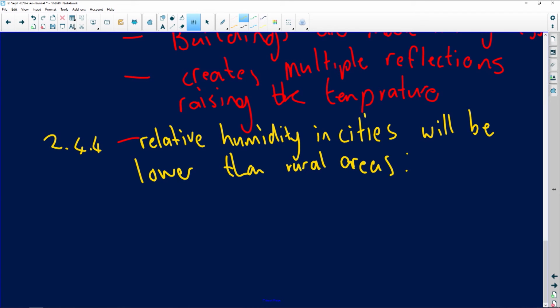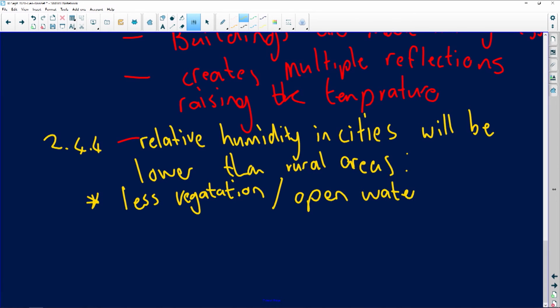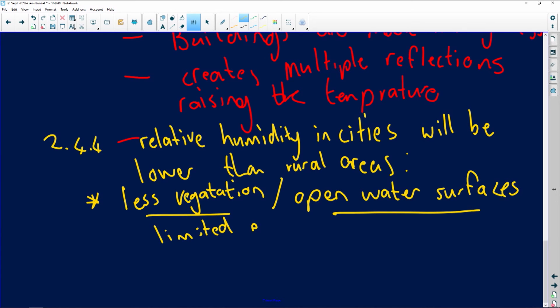And the reason for it, I've mentioned it to you, is less vegetation and open water surfaces. So that means with less vegetation, with fewer open water surfaces, it's going to be limited evaporation.